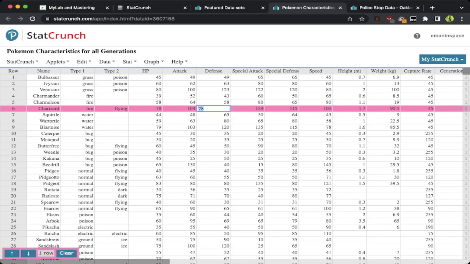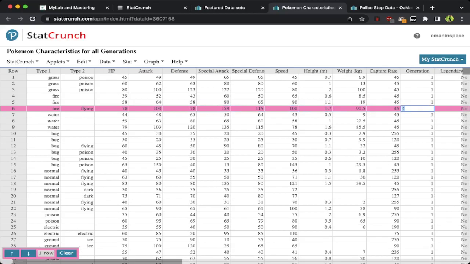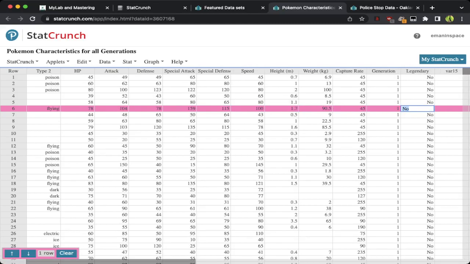Let's go over here and look at type 2. Type 2 is a categorical variable because this means that Charizard's second type is that they are a flying Pokemon. Now you have to be careful. Let's look at generation. Just because you see numbers doesn't mean that that's a numerical variable. So here, Charizard is generation 1.